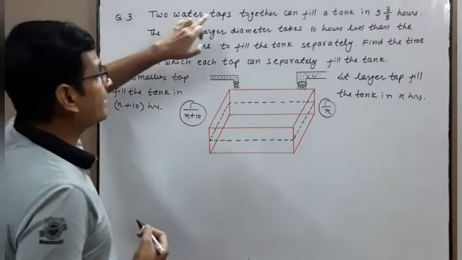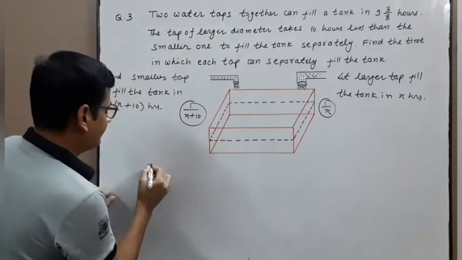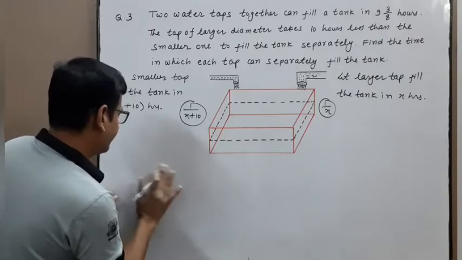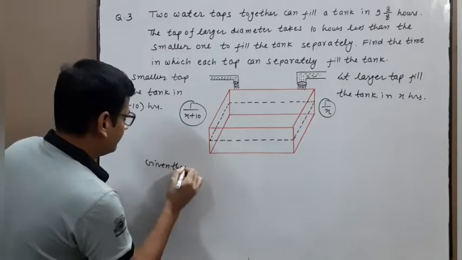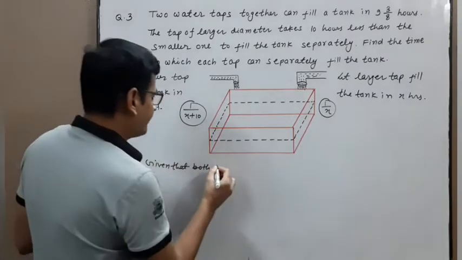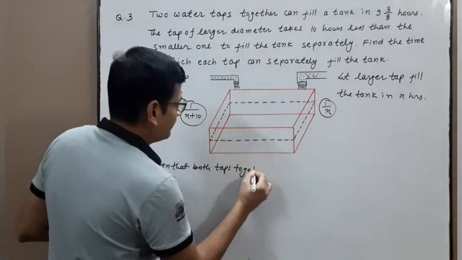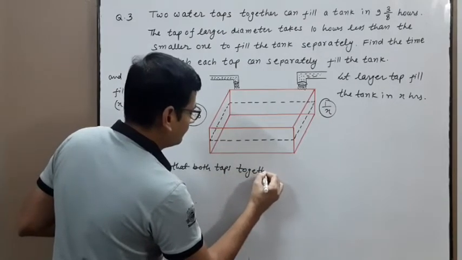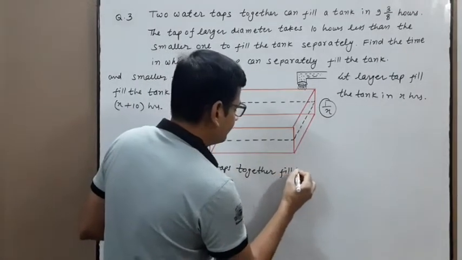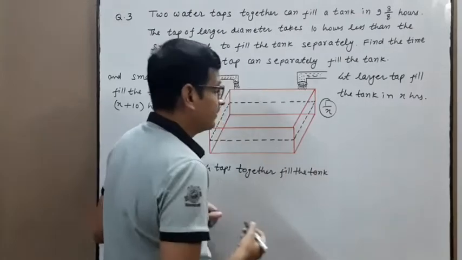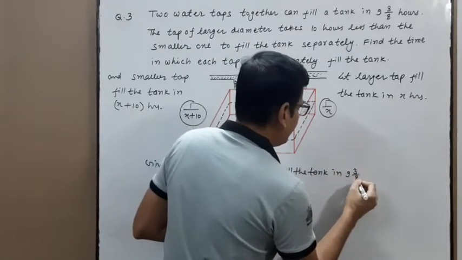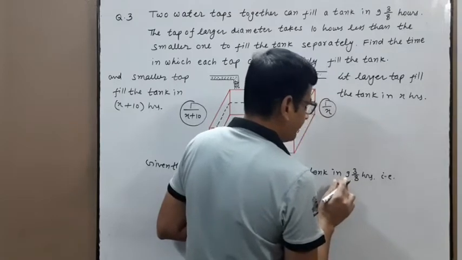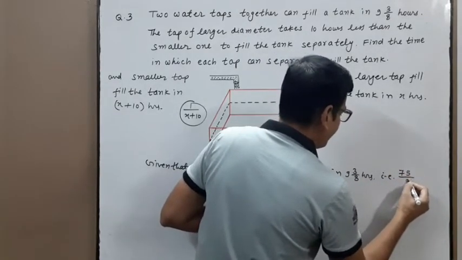Now, two water taps together can fill a tank in 9 3/8 hours. Since both taps together fill the tank in 9 3/8 hours, that is 8 times 9 is 72 plus 3, 75 upon 8 hours.